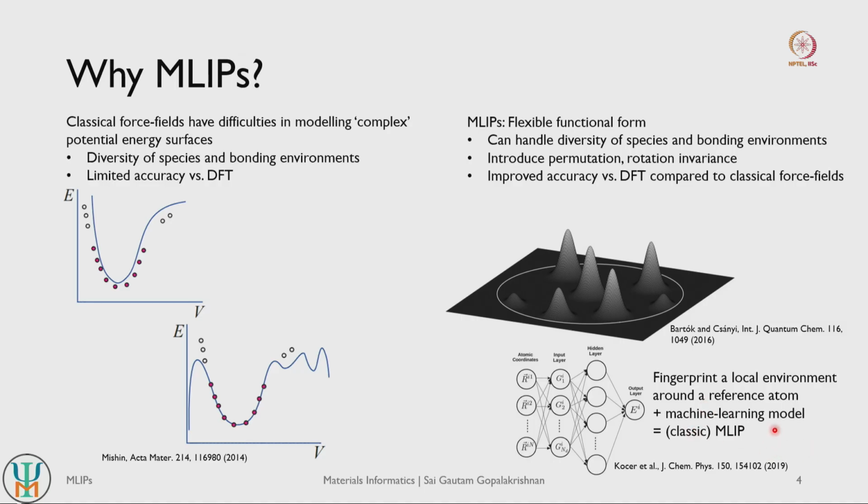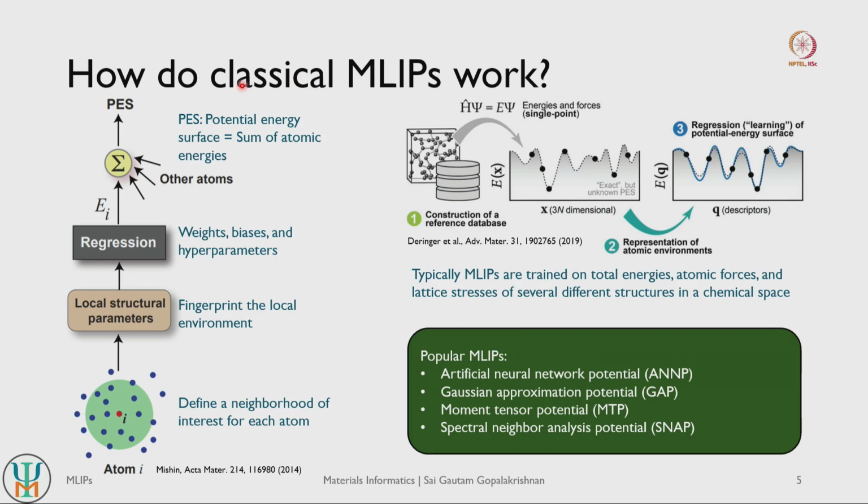The modern ones we will touch upon a little later, they use more graph based techniques to construct machine learning interatomic potentials. Okay. So let us take a look at classical machine learning interatomic potentials first, and try to understand how these work, which will then help us understand how more modern machine learning architectures, MLIPs, work.